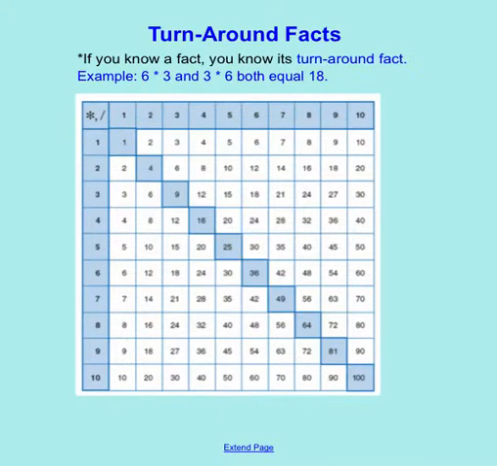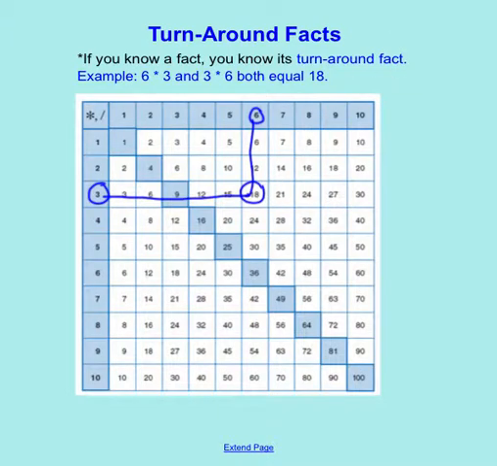Also, if you know a fact, you're going to know its turnaround fact. For example, 6 times 3 and 3 times 6 both equal 18. I can find 6 on the top here, and here's 3, and then run my fingers along so that they intersect. Notice that I'm staying in the same column and the same row until they meet, and my answer is 18.